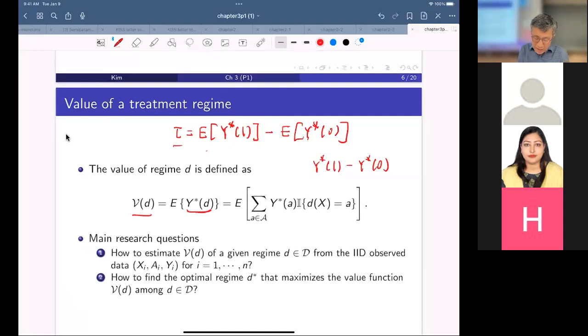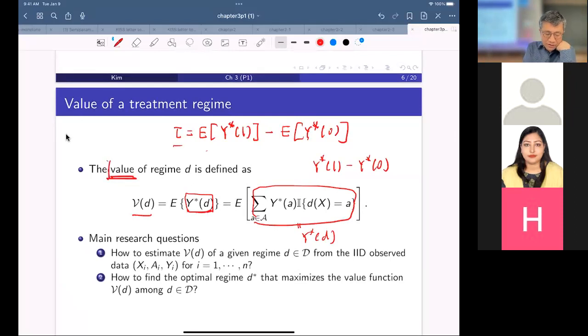By the way, this Y star D is this guy. It's just a definition at this stage.